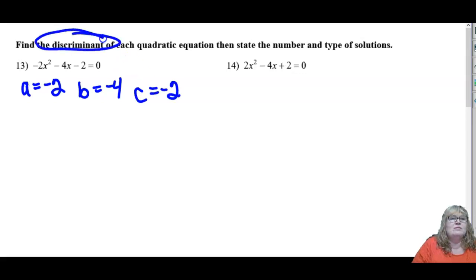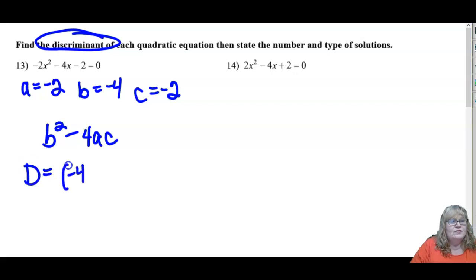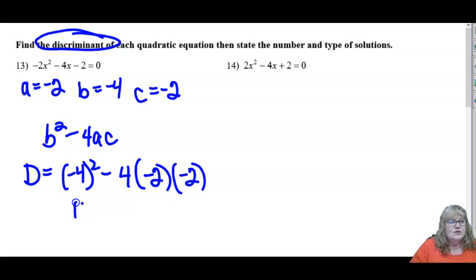The discriminant, remember, does not include the radical. It's just B squared minus 4AC. So the discriminant will be -4 squared minus 4 times -2, because that's A, times -2, which is C, which is 16 minus. This becomes 4 when you multiply these two together. This B is a 4, so we get a 0 for the discriminant.